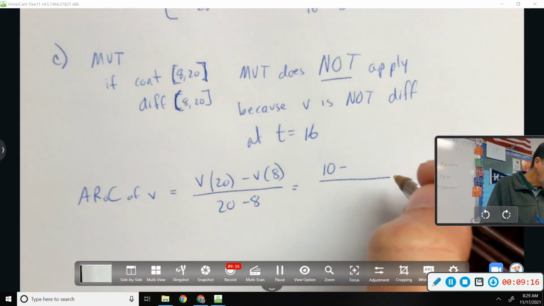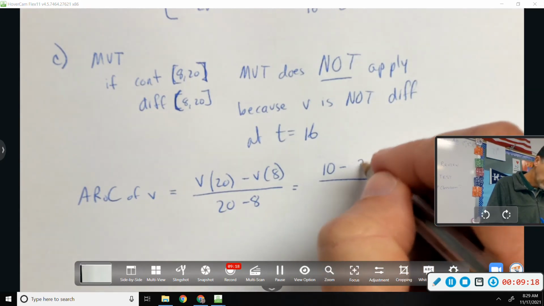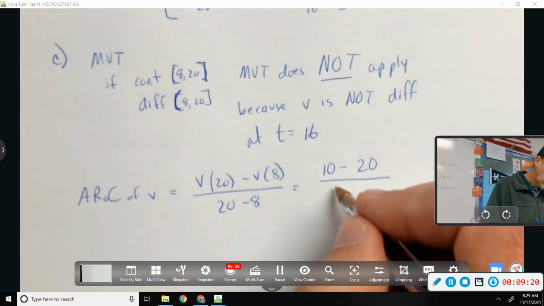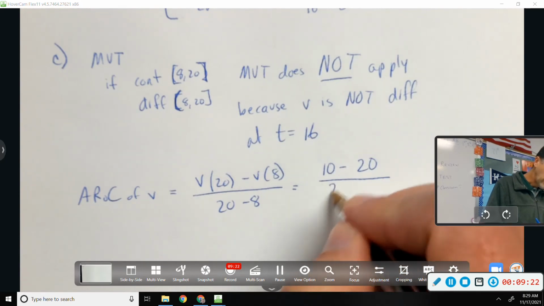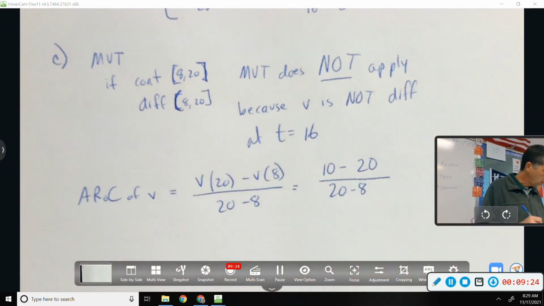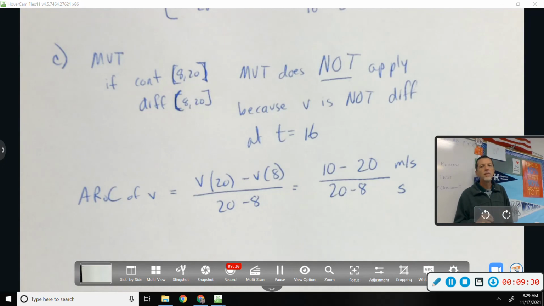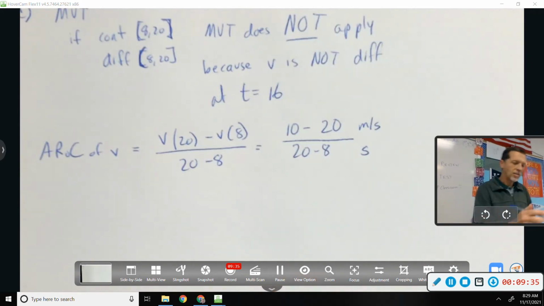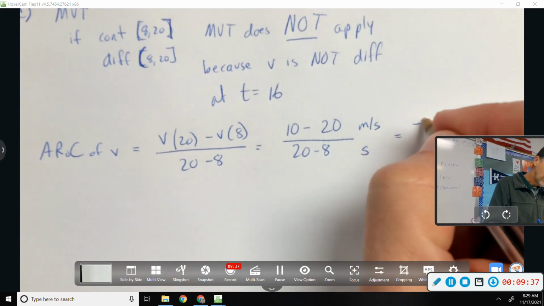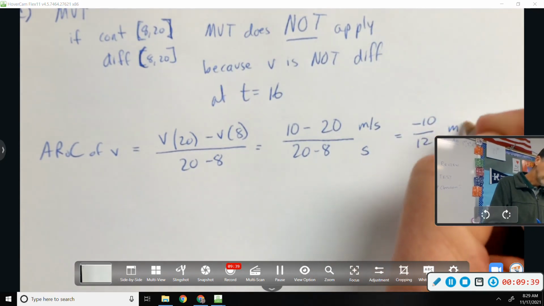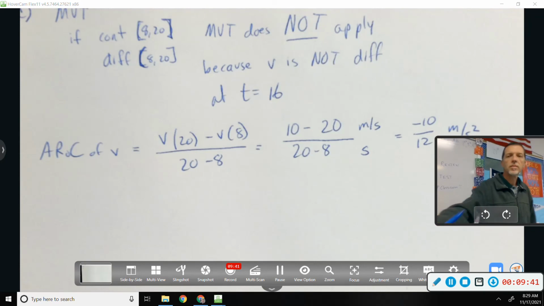Velocity at 8 is 20. And 20 minus 8, just leave it alone. Velocity is meters per second, times in seconds. So there's my answer. I guess I could clean it up a little bit. Negative 10/12 meters per second squared.